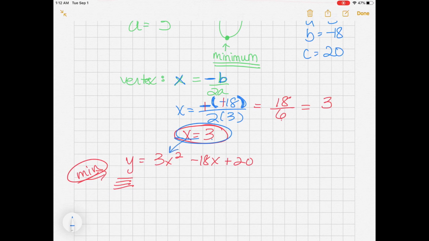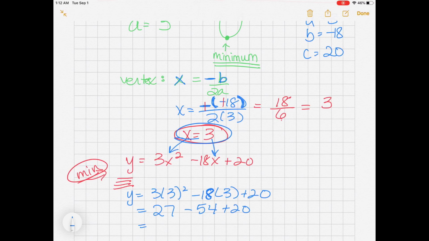So y equals 3 times 3 squared minus 18 times 3 plus 20. 3 squared is 9, times 3 is 27. 18 times 3, what is that? 9 times 6, that's 54, plus 20.